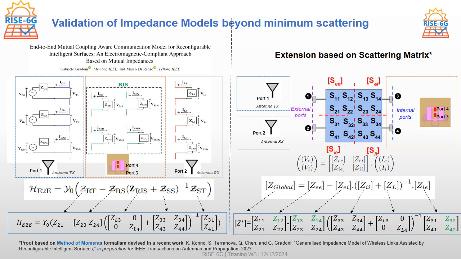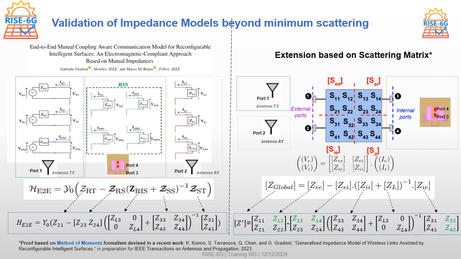So everything is represented, the end-to-end transfer function is represented by the impedance, and the most important part of this equation is the Z_SS, which is the active impedance that catches all the mutual coupling effects and the characteristics of the unit cell, and this Z_RIS, which is the impedance that represents what we can impose on the unit cell to make it reconfigurable. And we extended this to the classical scattering matrix representation.